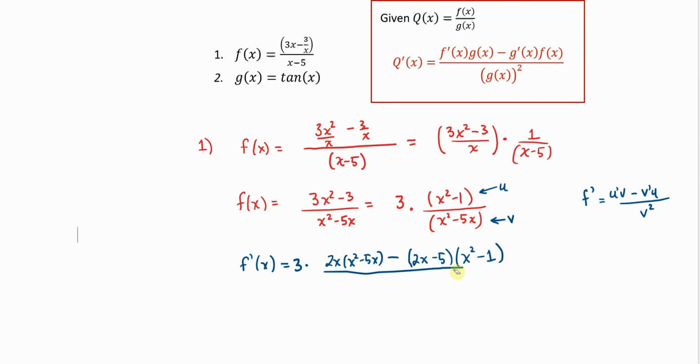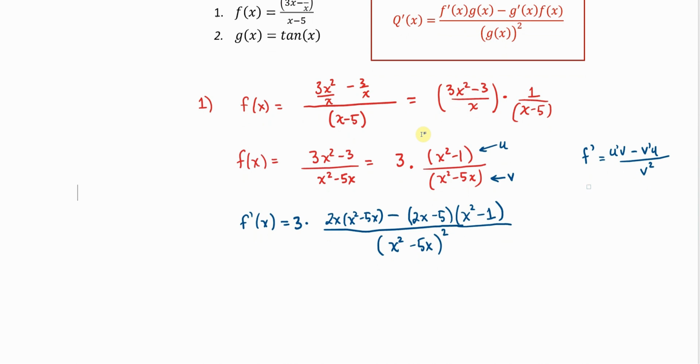Okay, so you can see how gnarly this can get. All of this over v squared. Okay, and that's it. That's the derivative. Now, for good practice, we should also simplify as much as we reasonably can.